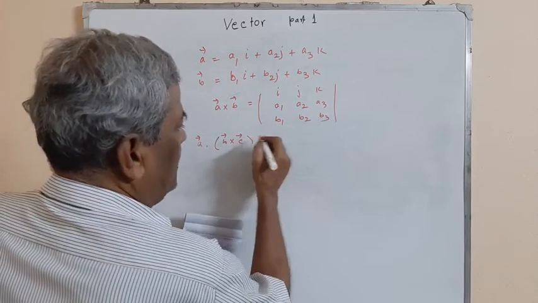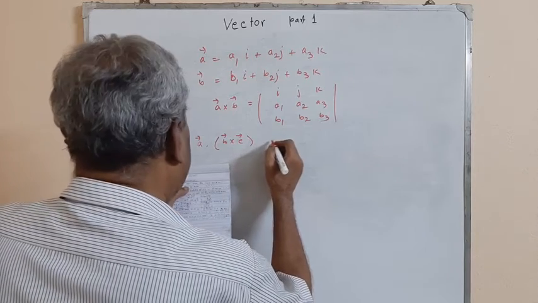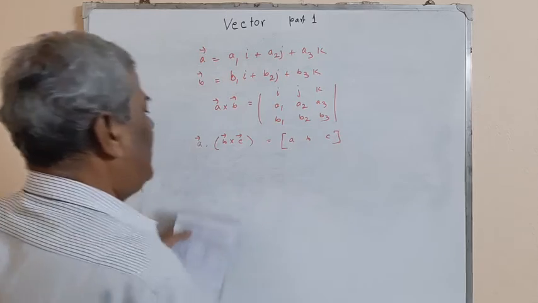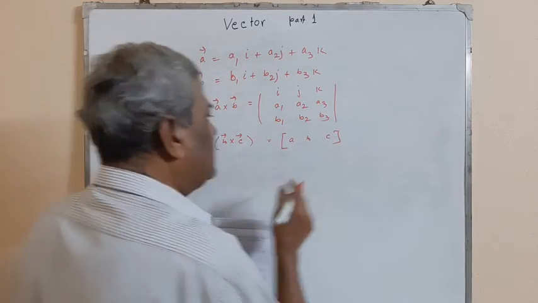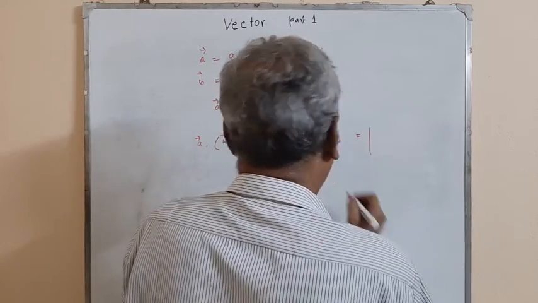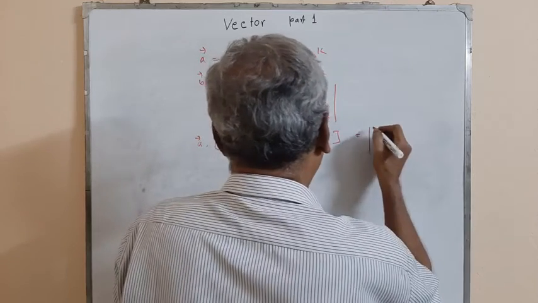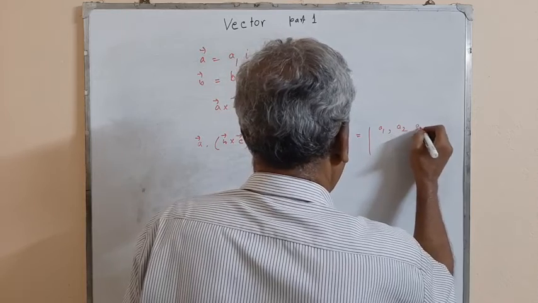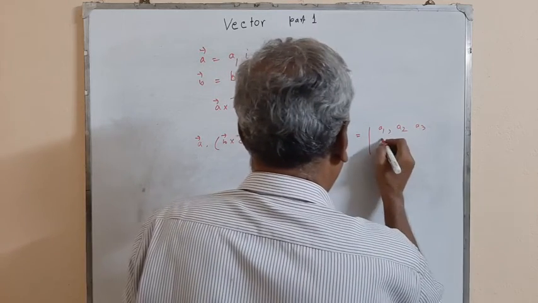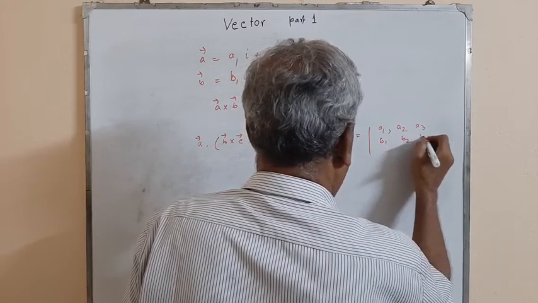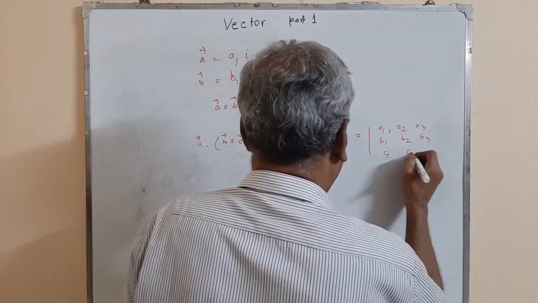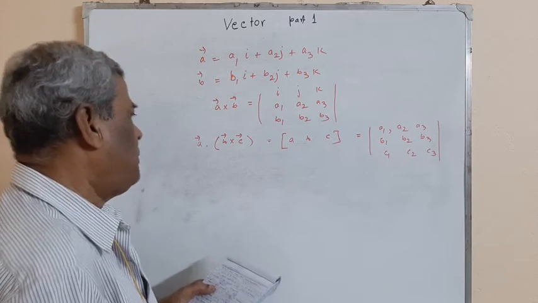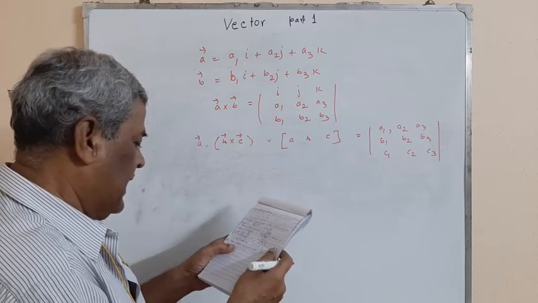Normally it can be written as A, B, C. And in terms of components, in the first row you write the components of A, second B1, B2, B3, then C1, C2, C3. This is the scalar triple product of A, B and C.